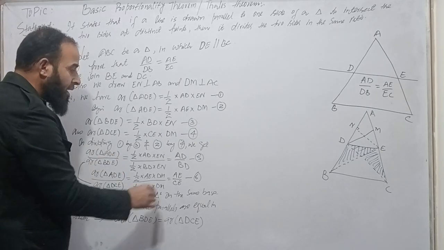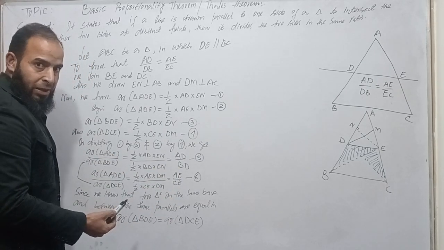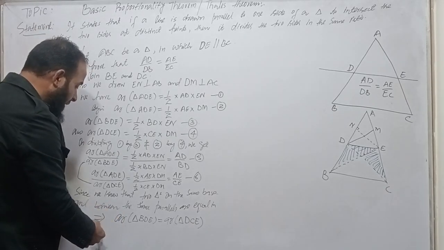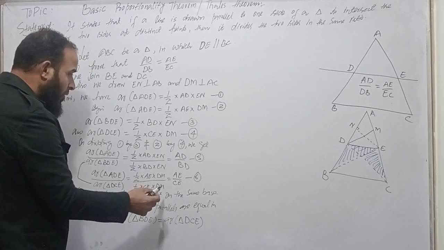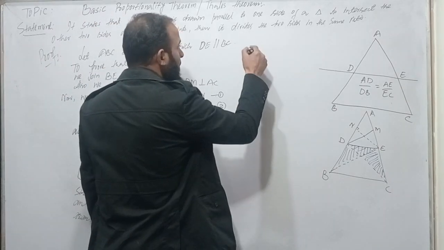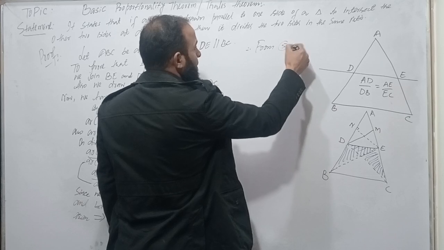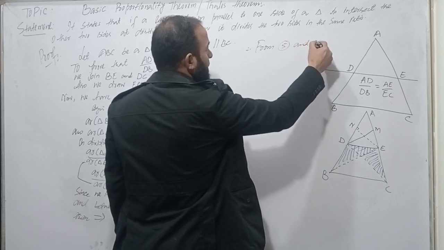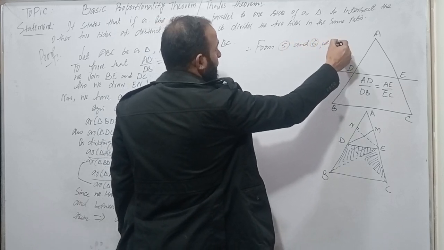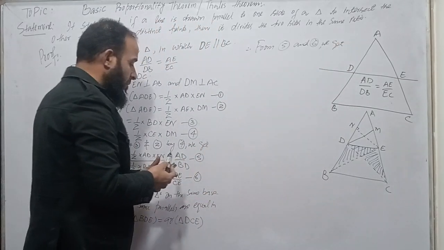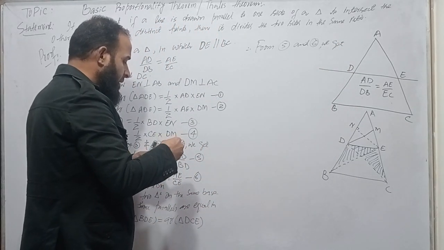This implies that their right hand sides will be equal. So what will I write? Therefore, from fifth and sixth, what we will get?